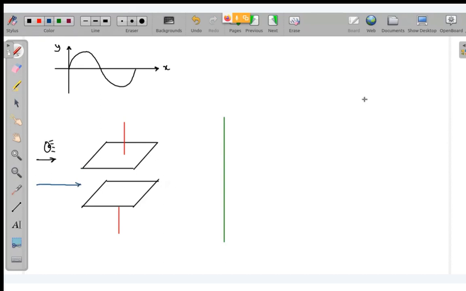Now, if I am seeing this apparatus from this side, what will happen? These two are your plates, and your screen, let us assume it looks like this. This is your screen, or we can even draw the screen in 2D.